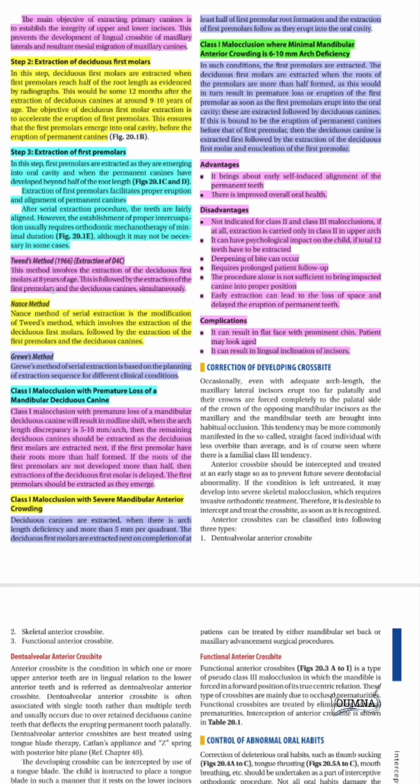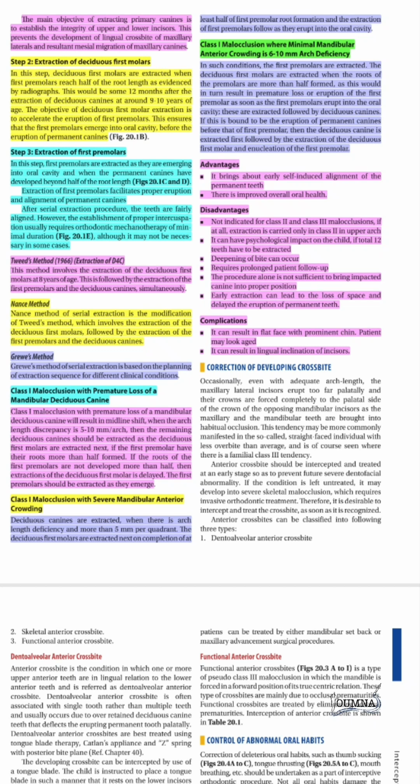The Tweed method involves the extraction of the deciduous first molar at the age of 8, then followed by the extraction of the first premolar. At the end, we extract the deciduous canine, and the reason is that we are preserving the space for the permanent canine by leaving the deciduous canine for the last.